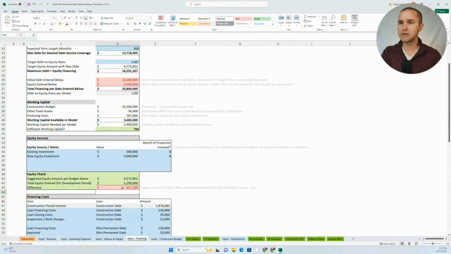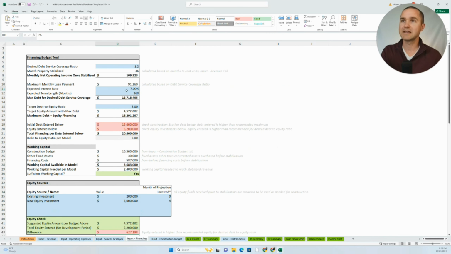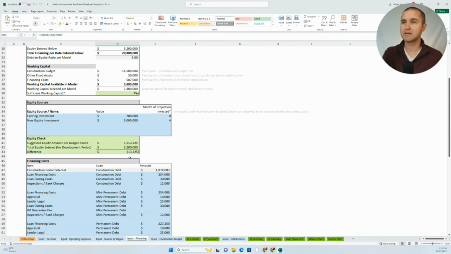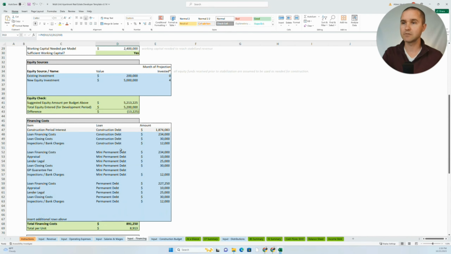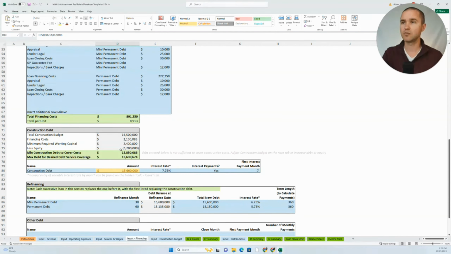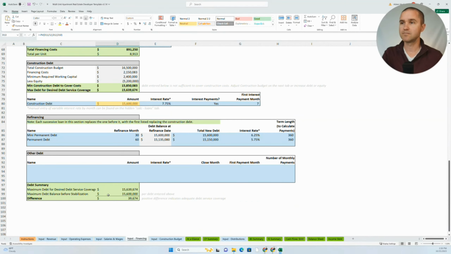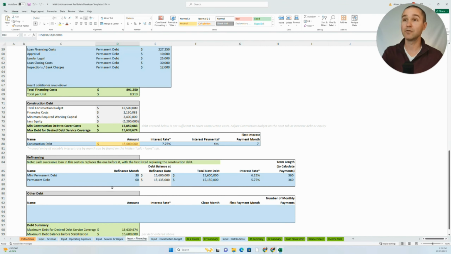So this difference number here can be helpful, but basically you're going to be going back and forth, playing around with these different numbers to try to get to the point where, like we had at the beginning at 5.75%, the deal worked, and we had sufficient capital. Our equity was sufficient, and we had some leftover working capital to make the deal work.